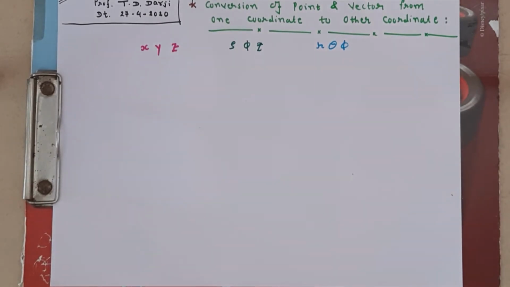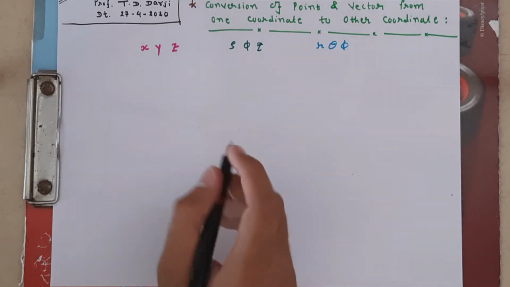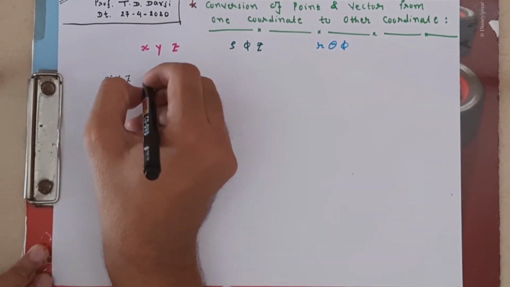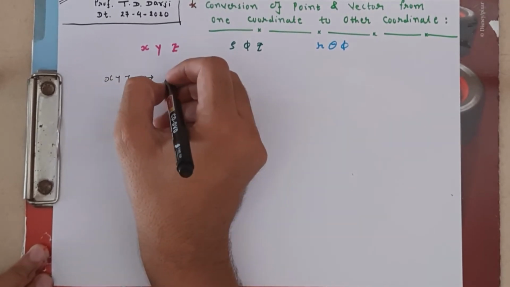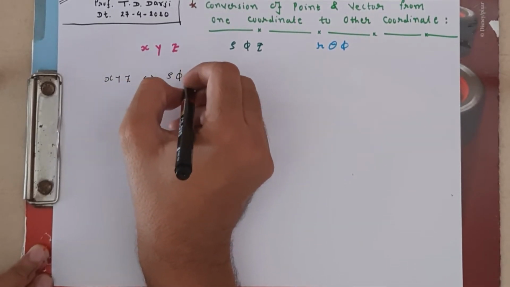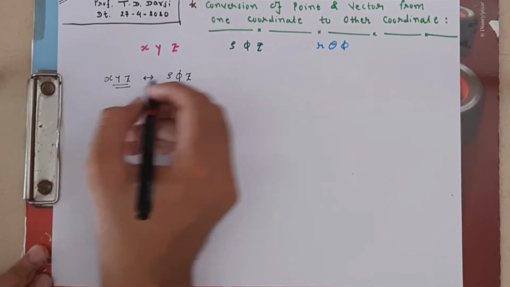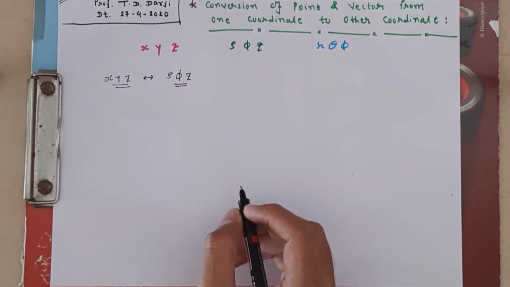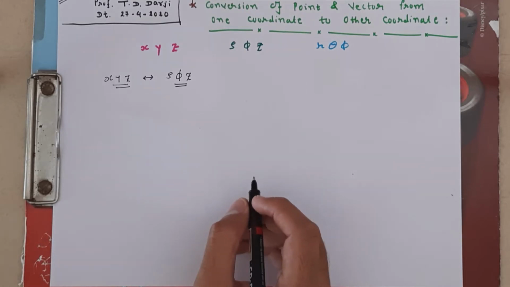So I will just write the equations. First I relate x, y, z with rho, phi, z, as we already discussed in our last lecture.